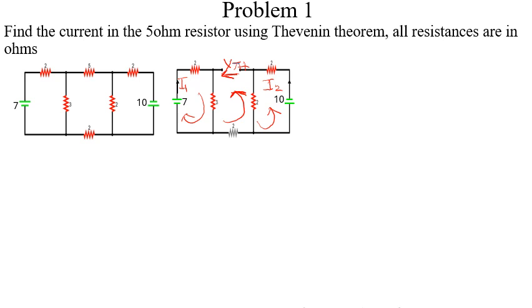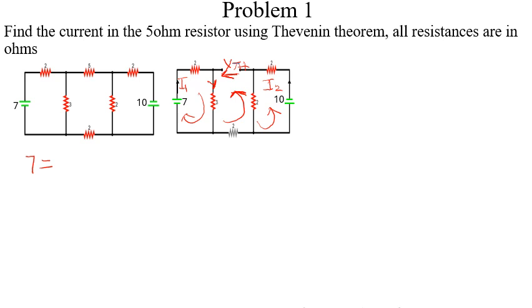So we have 7 here is equals to, the current I is going in the clockwise direction, so the drop here will be 2I1, and the same current will also flow here. We realize that because there's an open circuit, it will not split, so it simply becomes 2 plus 3, that becomes 5I1.